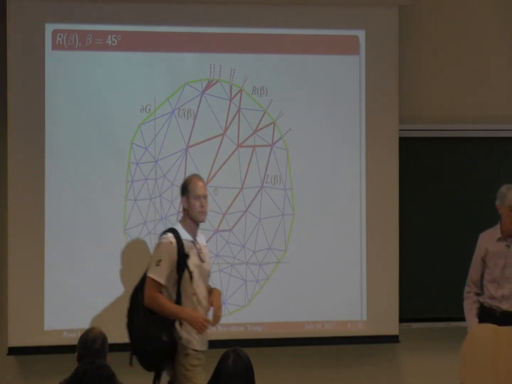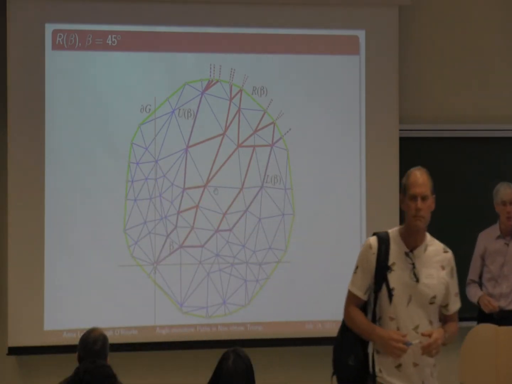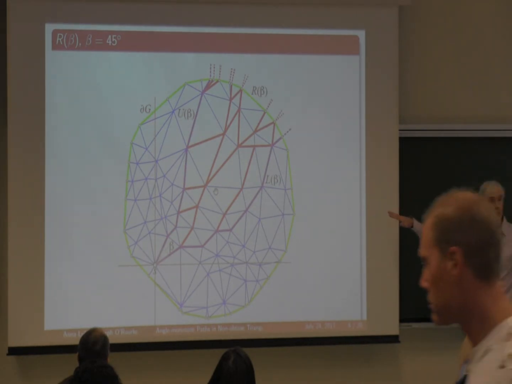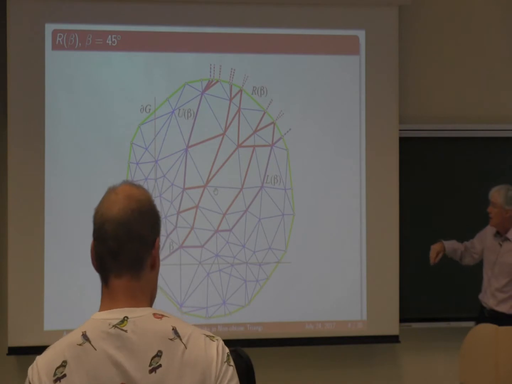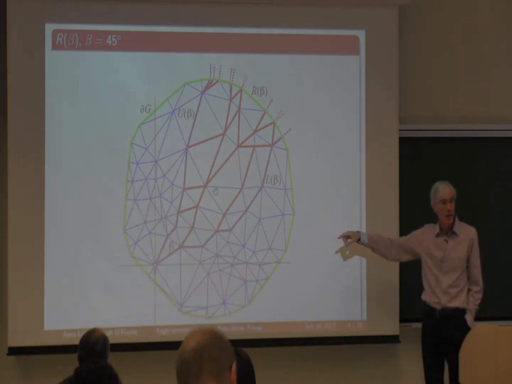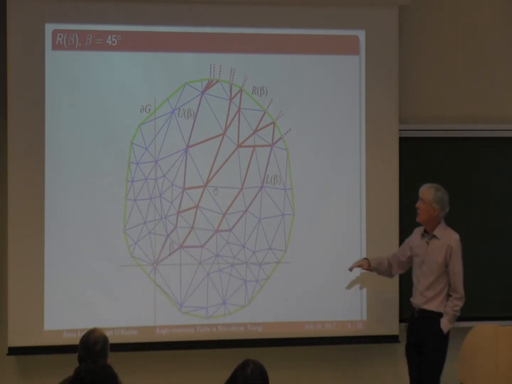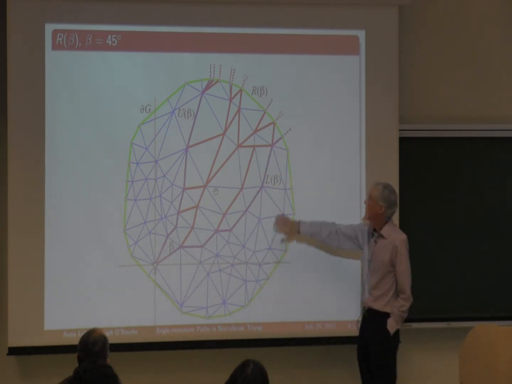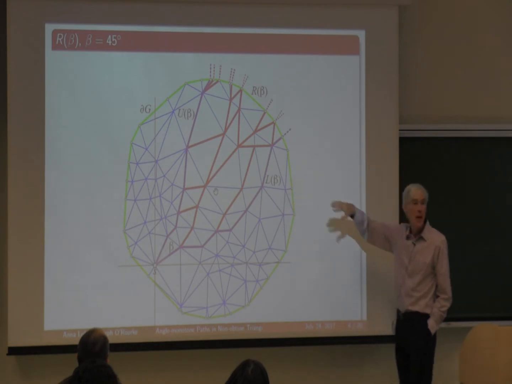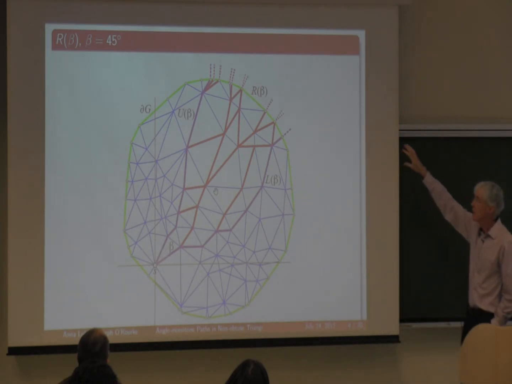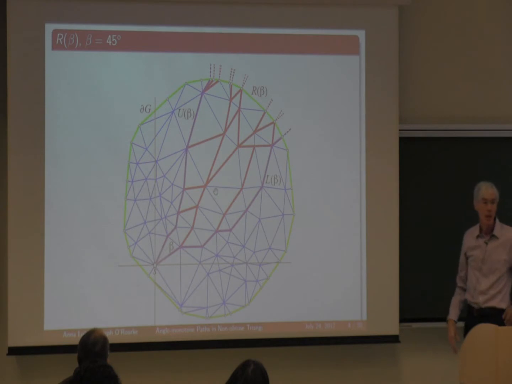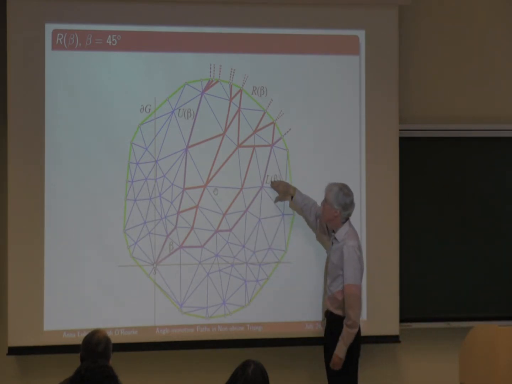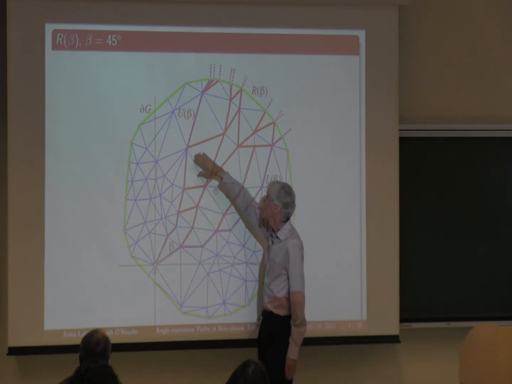So here is a picture that explains a lot of what we're doing. This is a non-obtuse triangulation. And here's a point S that's the source. And if we set beta to be 45 degrees here, then this is the set of all angle-monotone paths reachable from S. And it has a lower boundary, or clockwise boundary, and an upper boundary, or counterclockwise boundary.